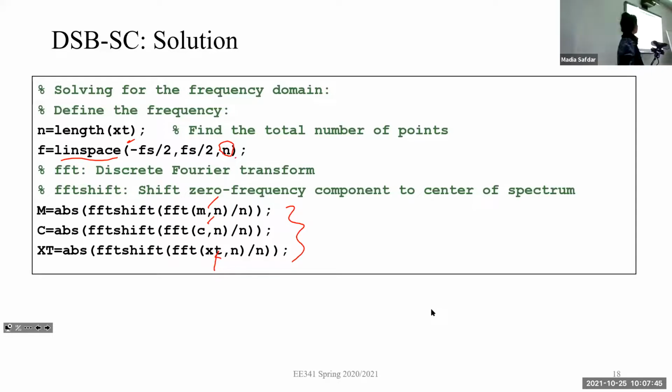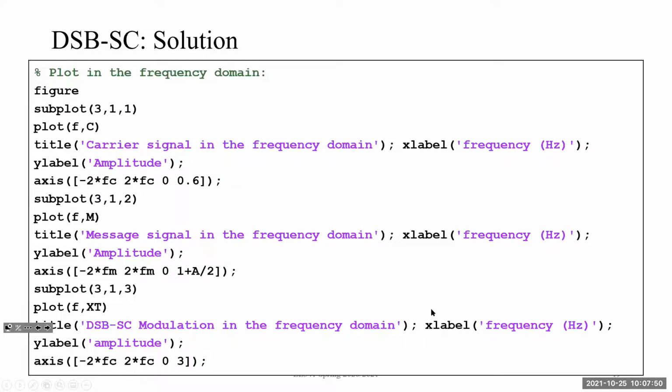Okay, Khalid. Now the second step is plotting these frequency domain signals. You already did this. Just the same. So write this one, then write this, then write this. So what happens?